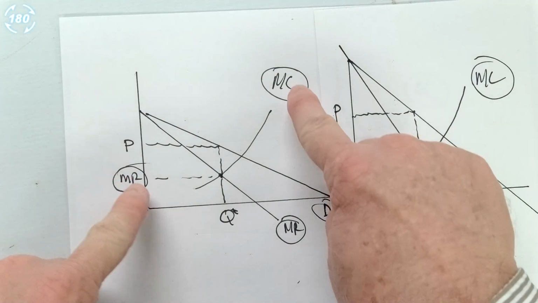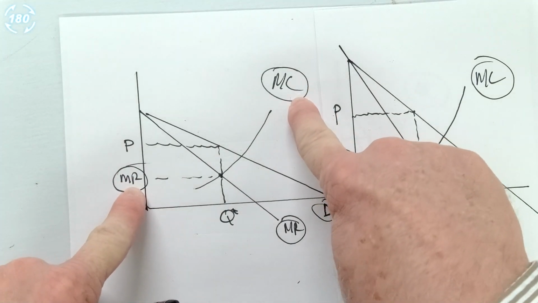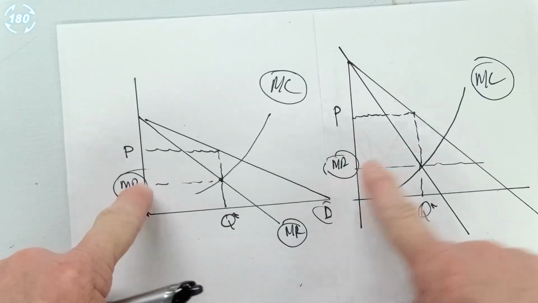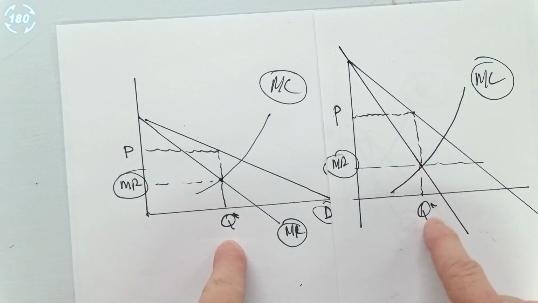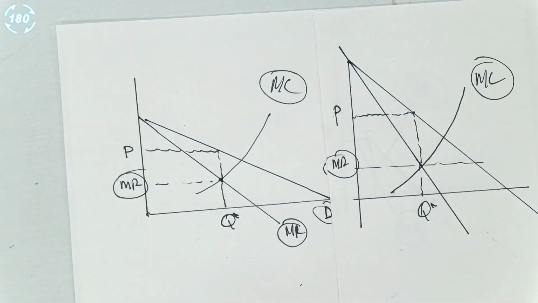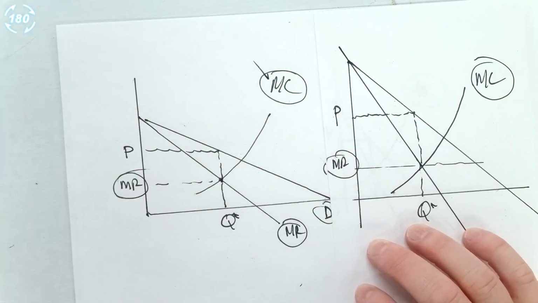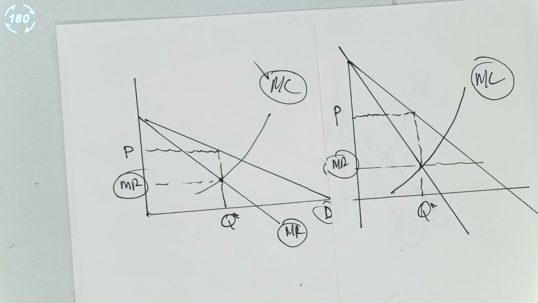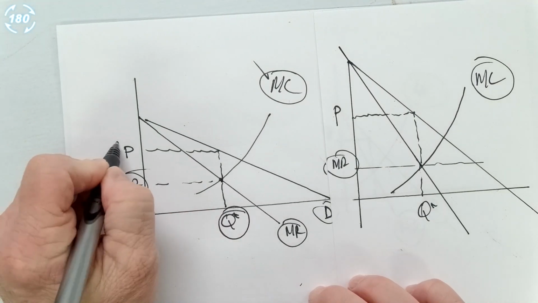So I equate marginal revenue with marginal cost. Okay, so I have the same marginal revenue and the same marginal cost curve, so that produces the same Q star. But I want to charge a higher price here than here. Okay? So if you think about it, it's something to meditate upon just a little bit. This curve serves a different function than it did for perfect competition. In perfect competition, we said the marginal cost curve was the individual supply curve because it gave a relationship between quantity and price.